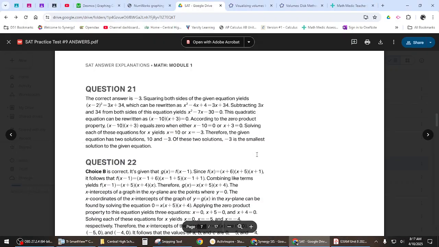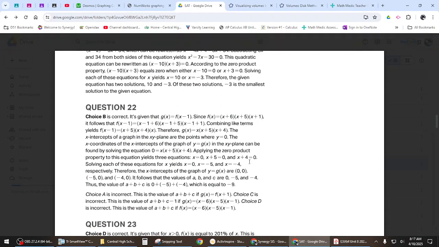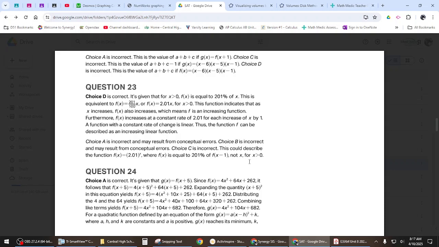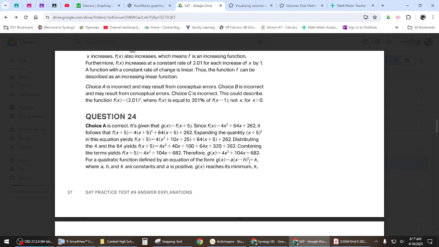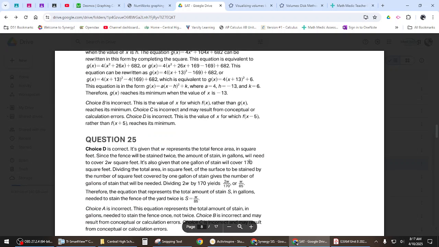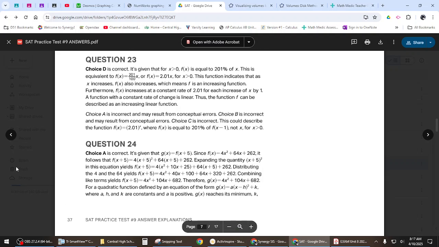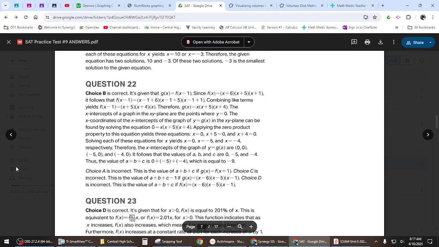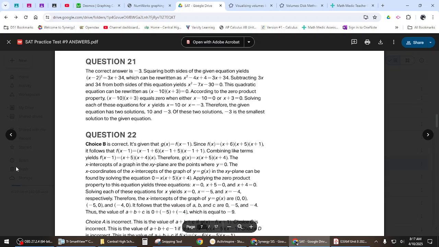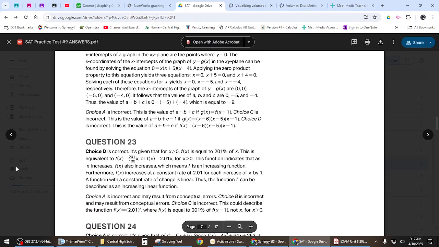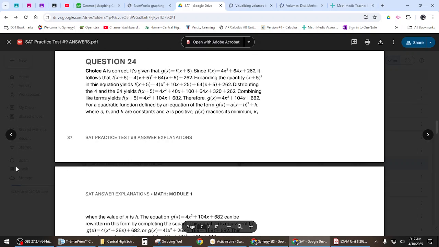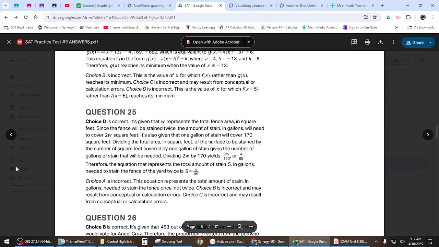So 21 is -3. 22 is B. 23 is D. 24 is A. 25 is D. Want me to do that again? Now we're good. Somebody said yes, so: 21 is -3. 22 is B. 23 is D. 24 is A. 25 is D.